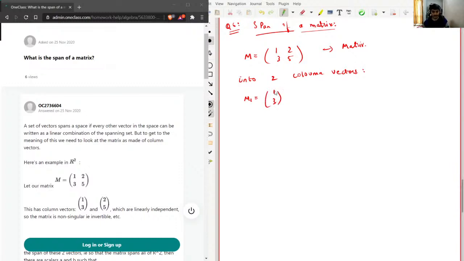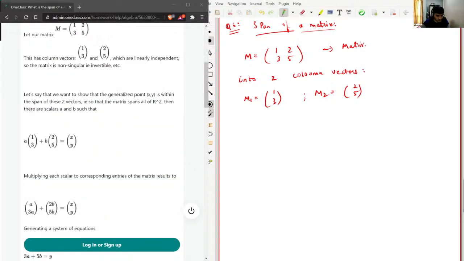Again you can see that we have only one column but two rows, and then we have M2, that is 2 and 5. So this has column vectors 1 3 and 2 5 which are linearly independent, so the matrix is non-singular, that is invertible, and so on.